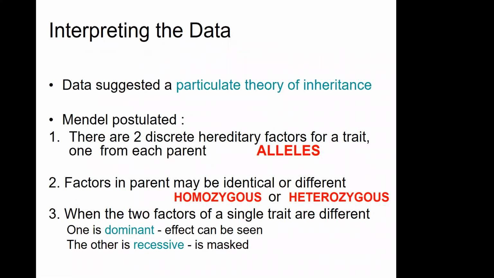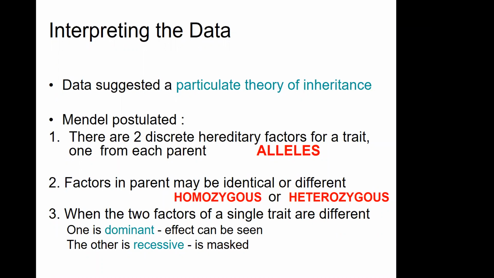Okay, so he proposed that for every trait, there has to be two versions, alleles, right? And during reproduction, during meiosis, one of those alleles is passed on from one parent, and the other allele, and it might be the same or it might be different, is passed on from the other parent.